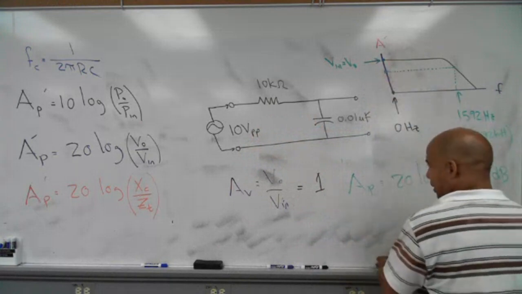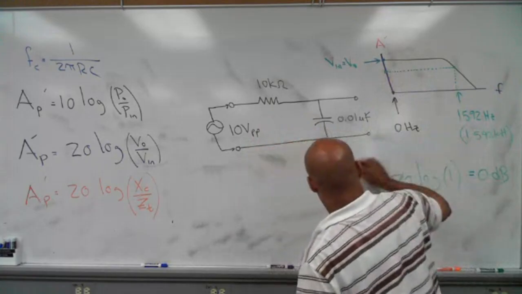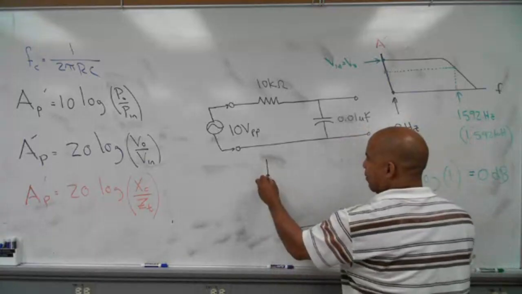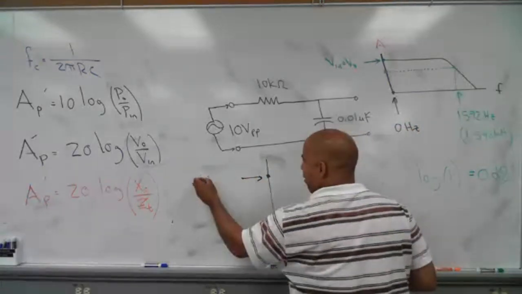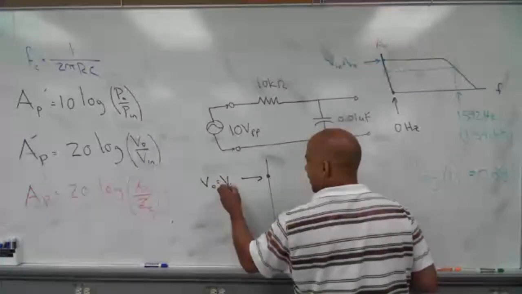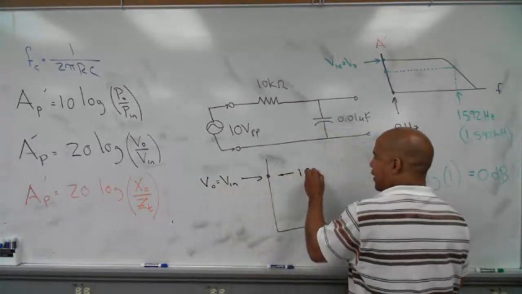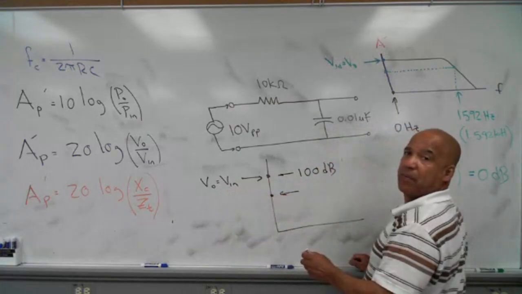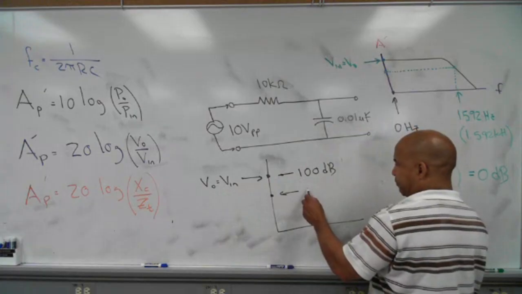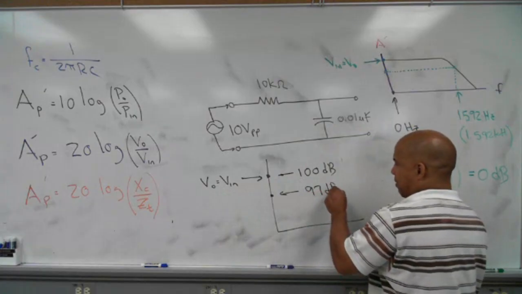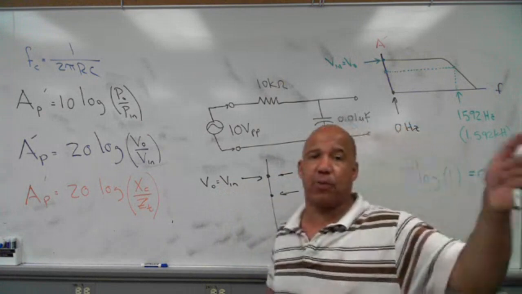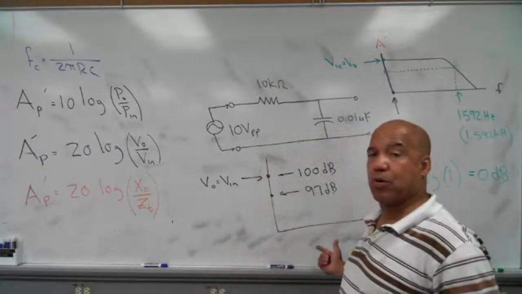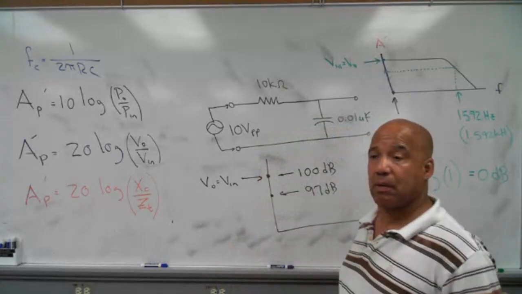So here's what I'm trying to say. If I have a graph and I tell you that that point where V out is equal to V in, let's say that that point is 100 dB. And the 0.707 point right here is always 3 dB down. It would be 97 dB. Remember I said that for every 3 dB, you lose half the power? Well, it works right here. If I go down 3 dB, my power is decreased by half at that frequency.